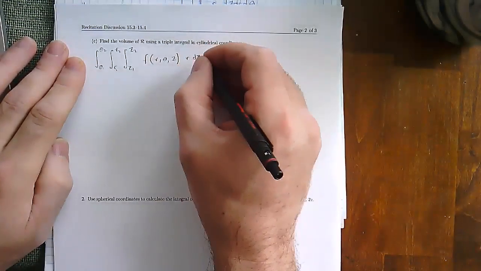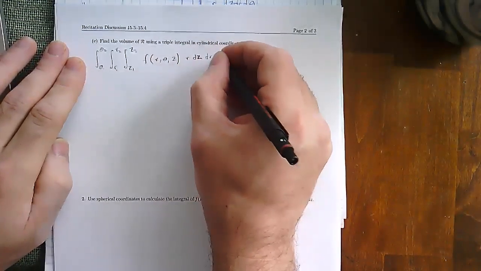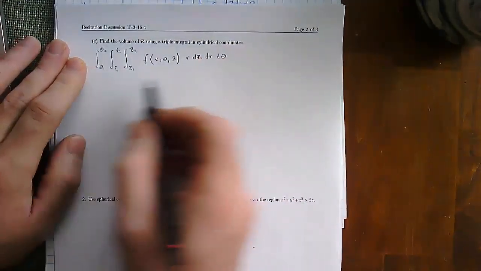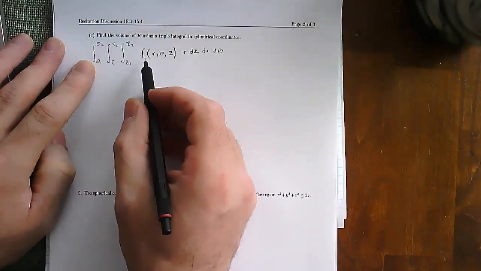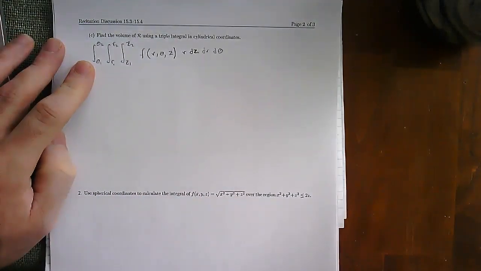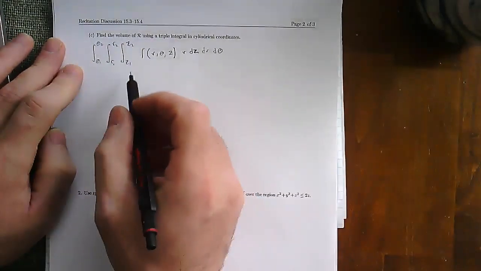So R dz, dr, d theta. All right, so here's our general form for this particular problem. We already have our function, I think, in terms of R, theta, and z.